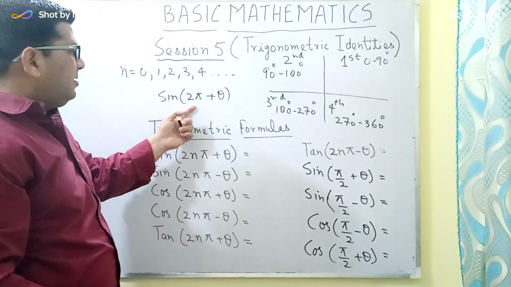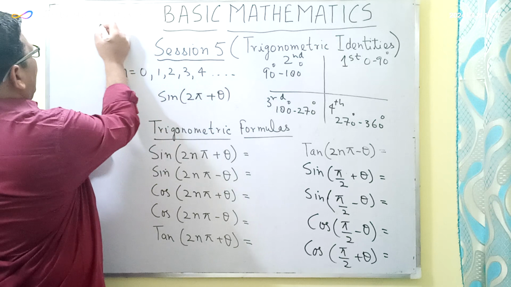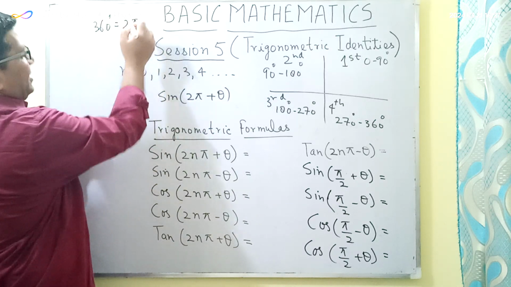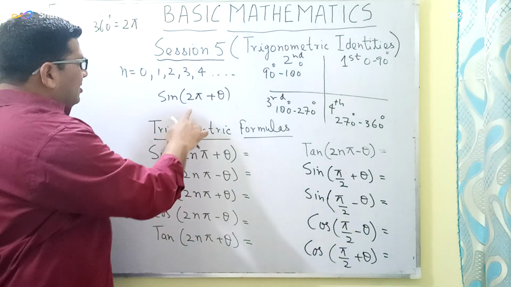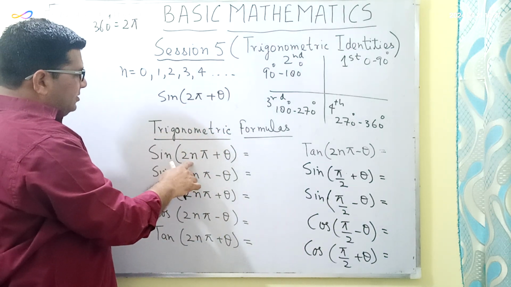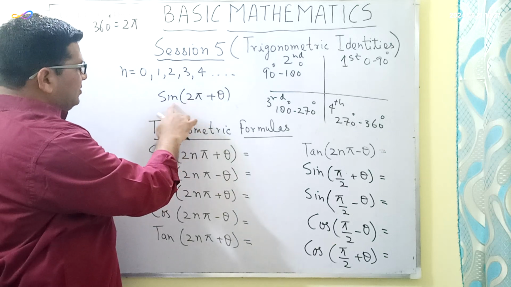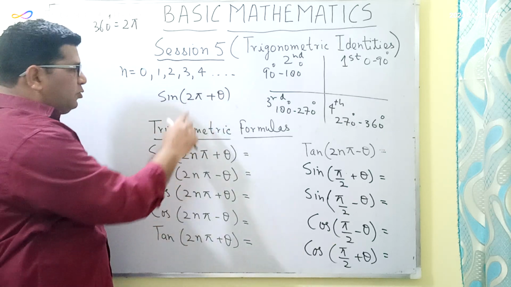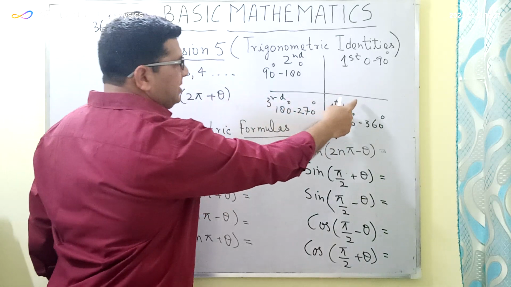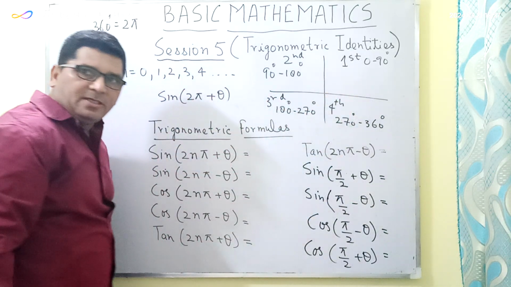Now we know that 360 degrees is equal to 2 pi radians. 2 pi is the fourth quadrant, plus theta means we are moving into the first quadrant.